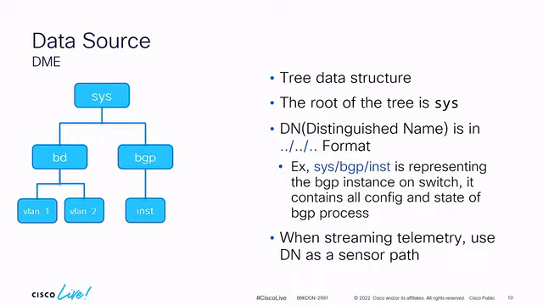Addressing in streaming telemetry is really important because you need this address to find the information you want. For example, when you want the BGP information from the DME, because it's based on a tree, you can just follow the path sys/bgp/inst.